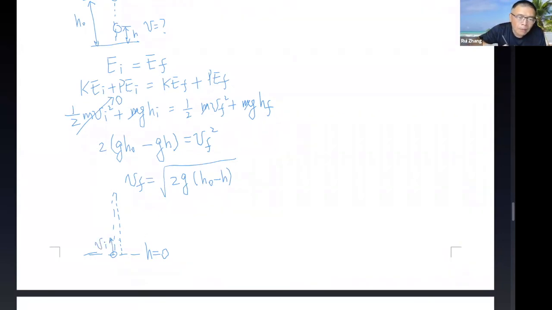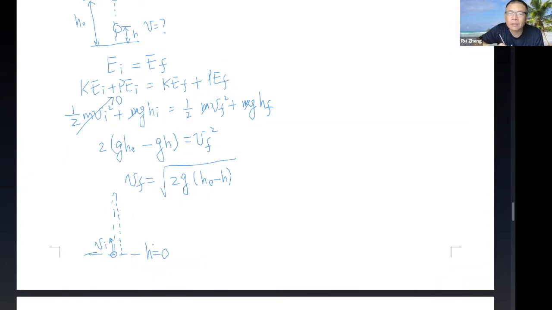But then why does the speed decrease? It's pretty simple, because when it goes higher, it starts to pick up potential energy, mgh. The higher it goes, the bigger the potential energy it has. But because the total energy has to be conserved, the kinetic energy has to decrease, which means the speed has to decrease.